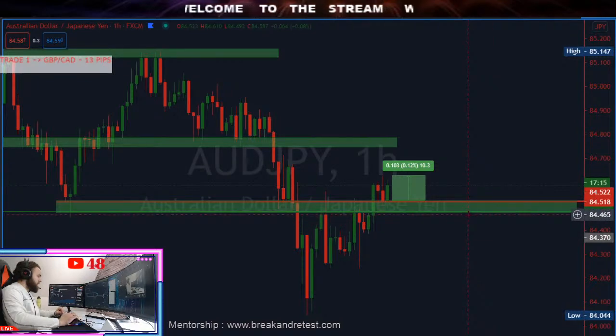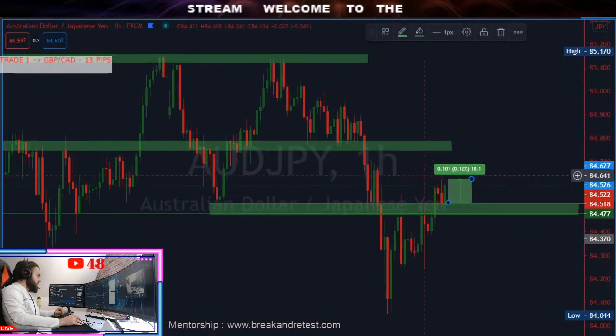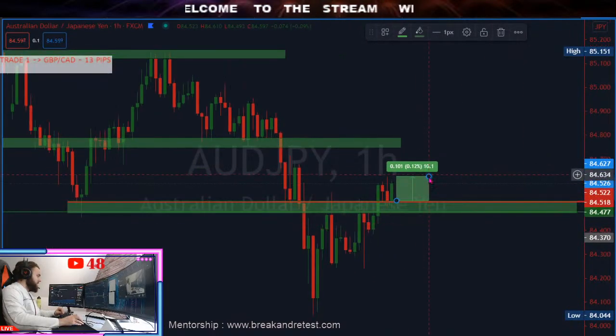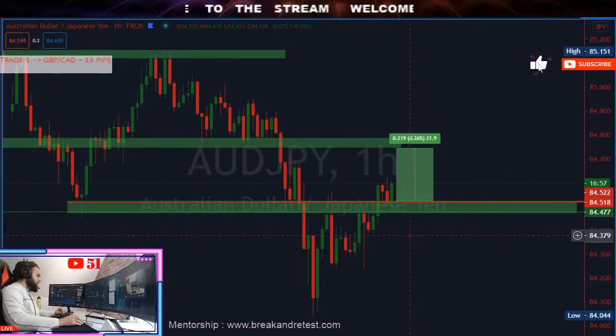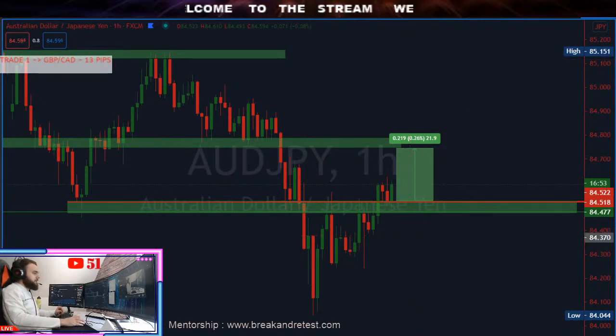No, no, no. It's not always 10 pips. It all depends on the setup. Here, for example, it's not necessary to have a 10 pip take profit because there's a bigger zone to go to. Exactly. But usually having a 10, 15, 20 pip take profit.